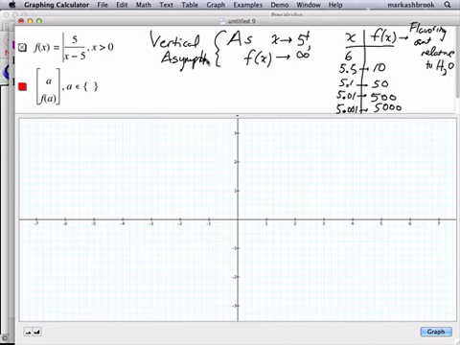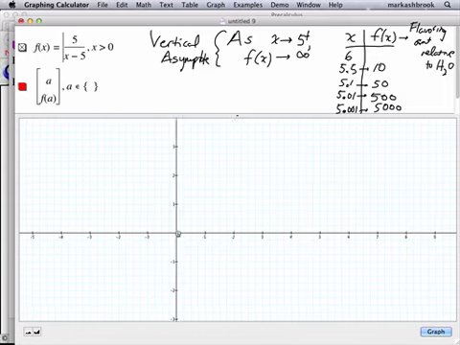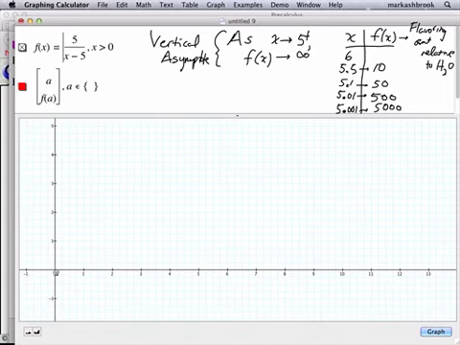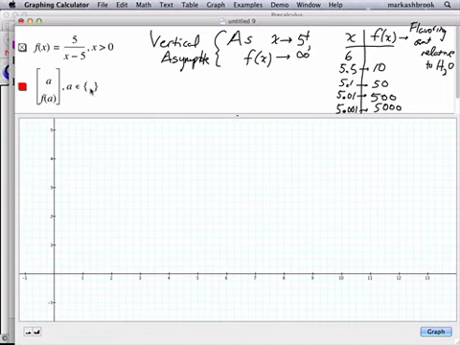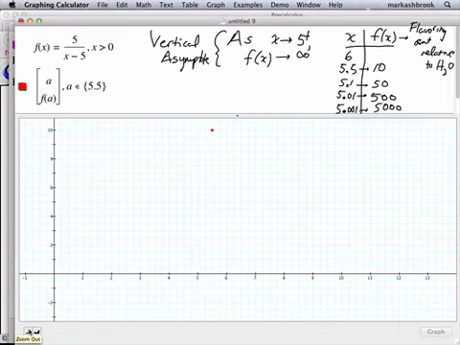So let's see it in action here. There's 5. So I'll graph the first point. We'll just start with 5.5. There it is. Okay? Now if I also want a total amount of 5.1, again, I've got to zoom out on that y-axis to start seeing these points.